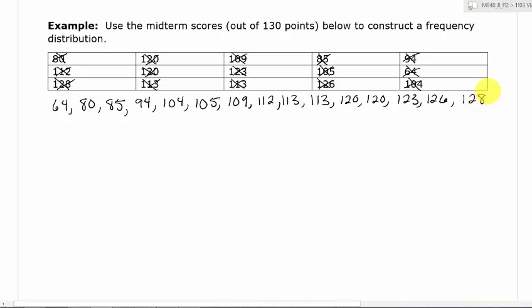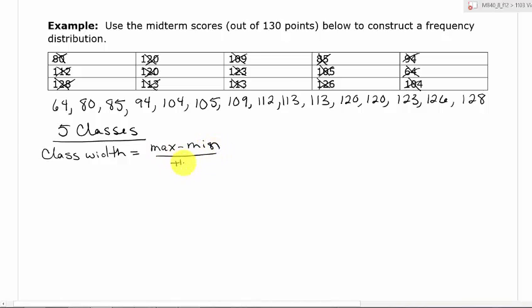So there's our ordered data, and so now we can very clearly see the smallest value and very clearly see the maximum value. So we're going to do 5 classes. And so we want to calculate our class width. That's going to be our max minus our min divided by the number of classes.